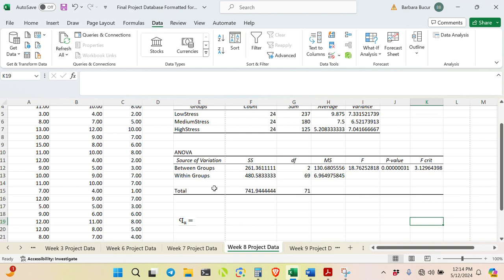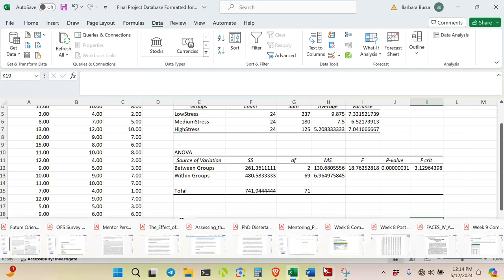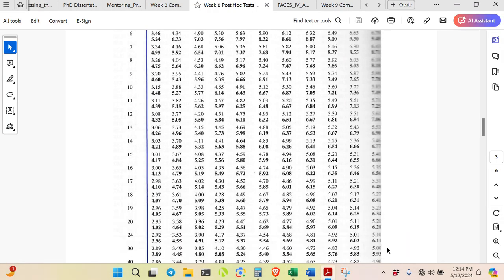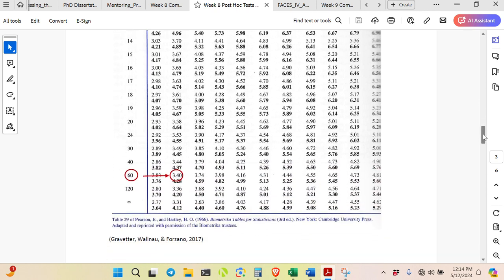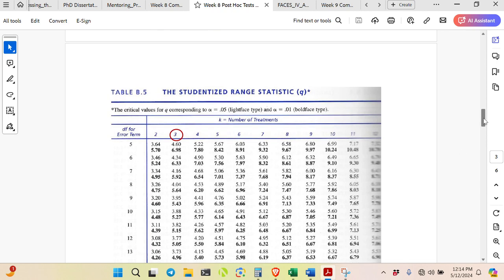you can see the degrees of freedom for within groups is 69. So we need 3 and 69, and we need to know that alpha is 0.05. And as you've noticed before with the t-test, the table doesn't include all the values. Once it gets to 20, it skips around a little bit, so we'll find the one closest.